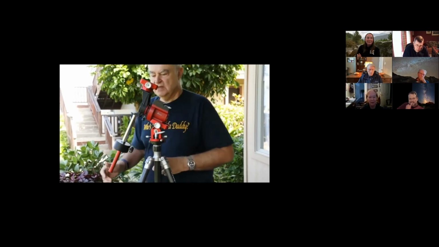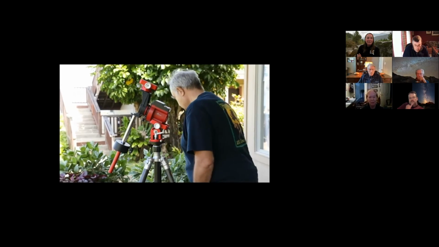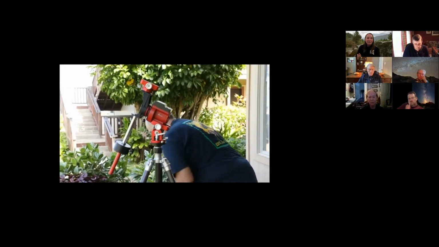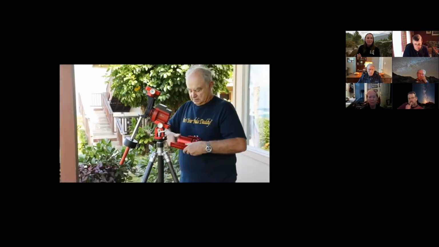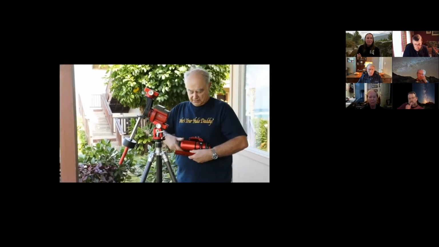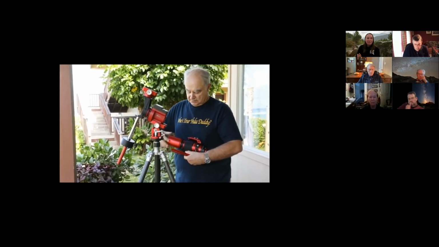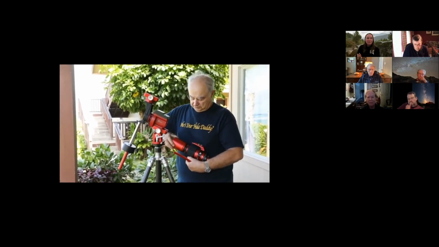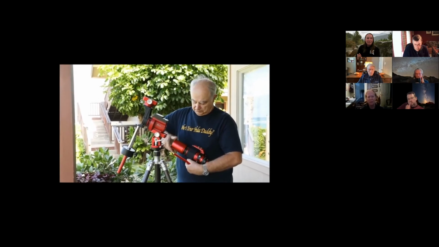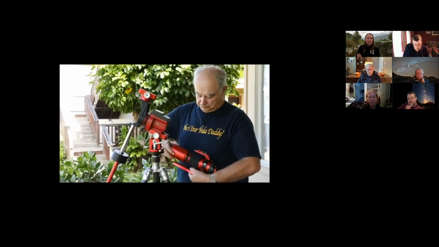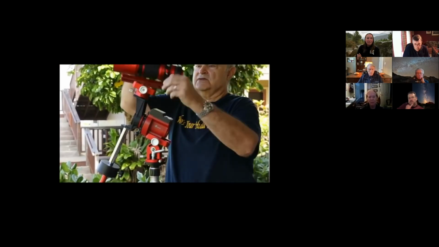Okay. Now we've done that, and the next thing is to mount our camera and lens. This is nice and compact. This lens cap just screws off. And then this mounts into this one.